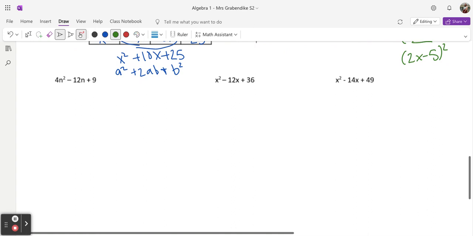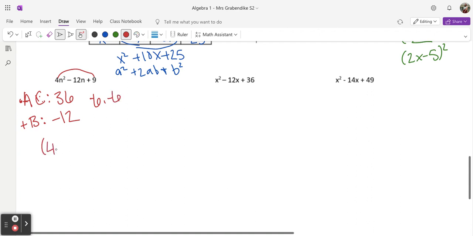Let's do a couple of these examples down here, and then you can work on your homework. So here, my AC would be 4 times 9, which is 36, and my b is negative 12. So two numbers that multiply to 36 and add to negative 12 would be negative 6 and negative 6.